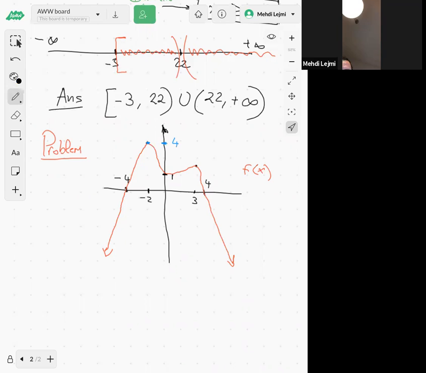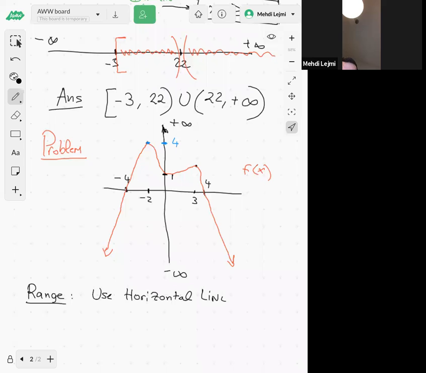So for the range, guys, how do we find the range of a graph? For the range, use horizontal lines. You start from the bottom and you go to the top.